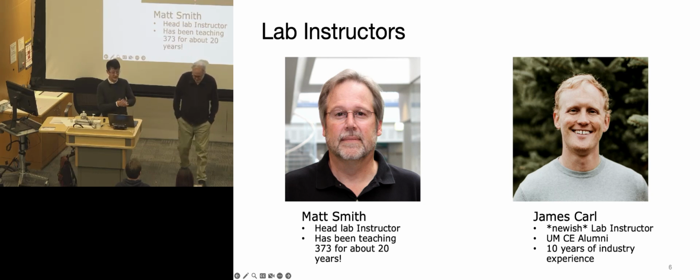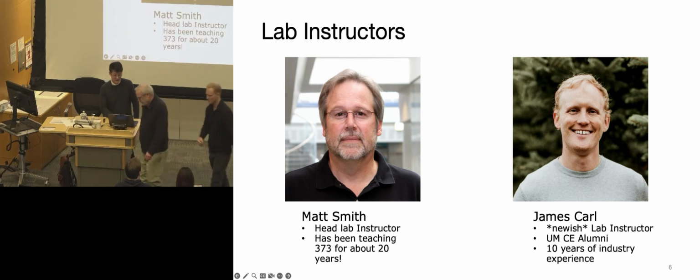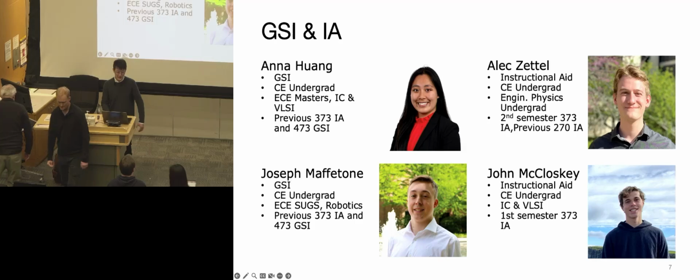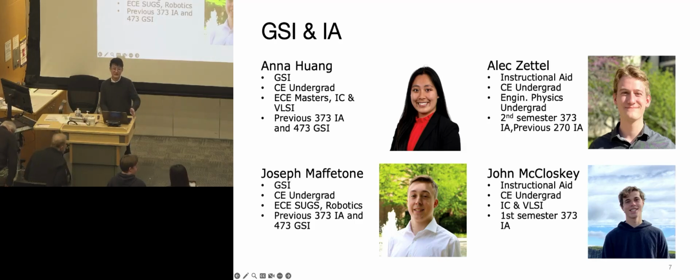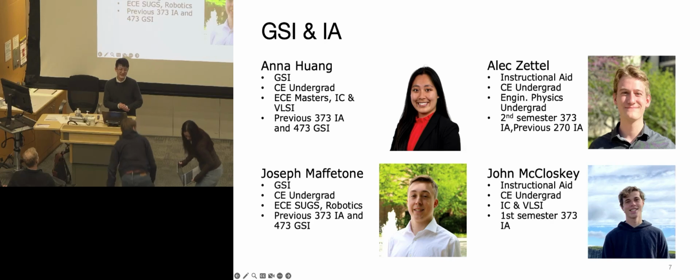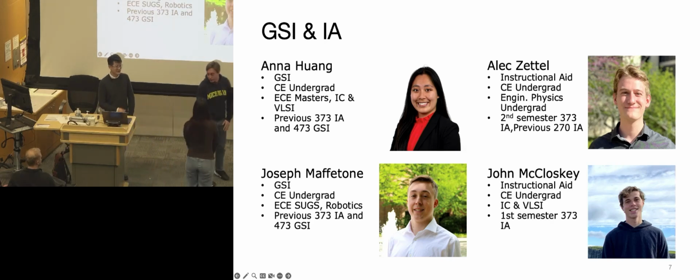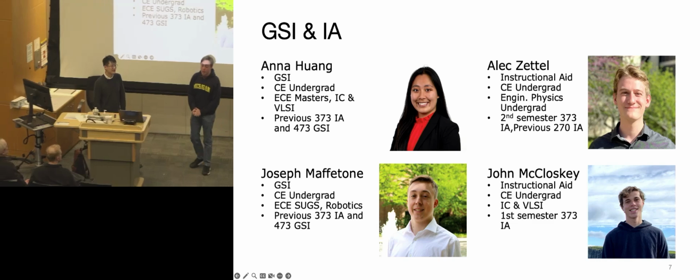Okay, perfect. Thank you. Next, we have an amazing team of GSIs and IAs. We have two of them, the GSIs here. We can have them up and briefly introduce themselves to you so that you know who to find. Here we have Anna and Joseph. Hey everyone, my name is Joseph.